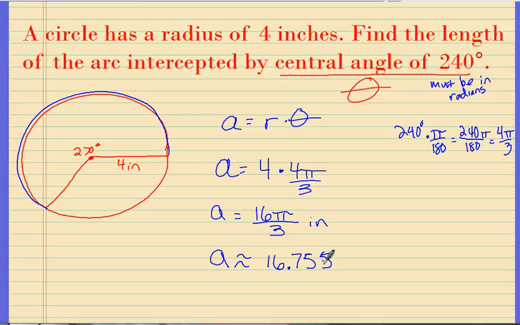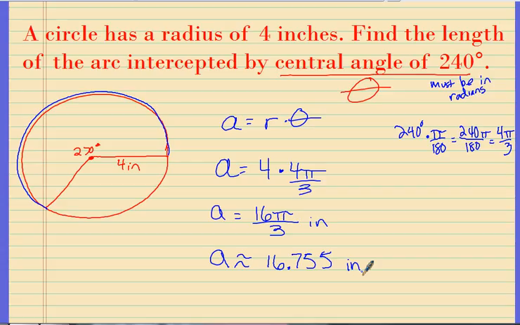And then does it continue or does it stop? Did I round is my question? Okay, so if I rounded, my equal sign changes to approximate, right? So it's approximately 16.755 inches. That's more reasonable, right? That's more reasonable to say, hey, the crust is actually 16.755 inches. That's about 16 3/4. Make sense?